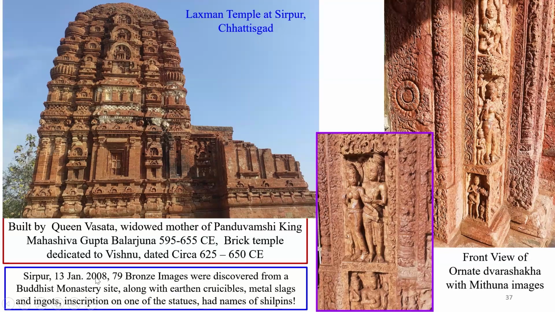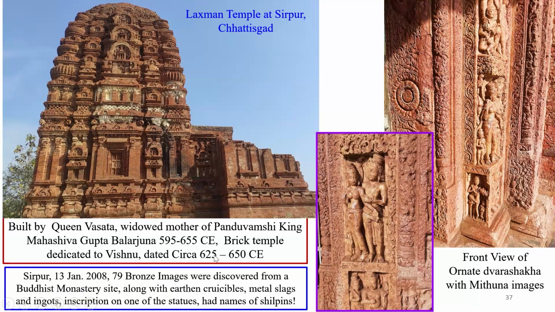What is more is in 2008 in the same Sirpur, there are many Buddhist shrines, Jaina images also there, but they actually found a hoard of 79 bronze images. And not only that, this was found in the Buddhist monastery site. Along with that, there were earthen crucibles, metal slags, and ingots, and inscription. One of the statues was inscribed, which also had the names of the Shilpins.